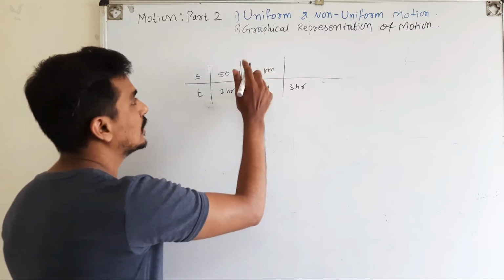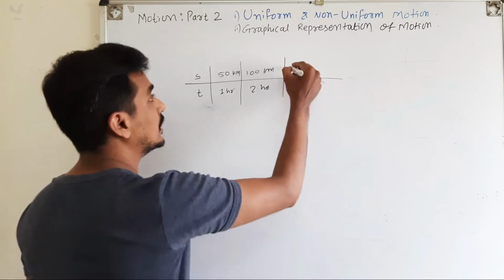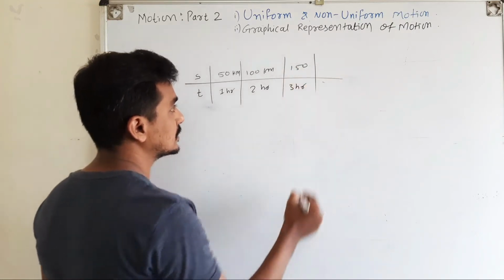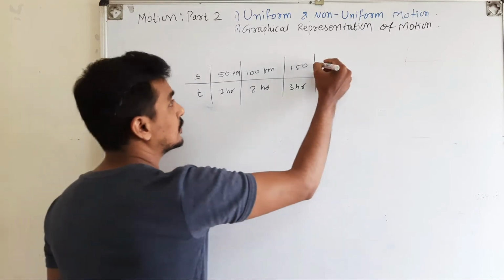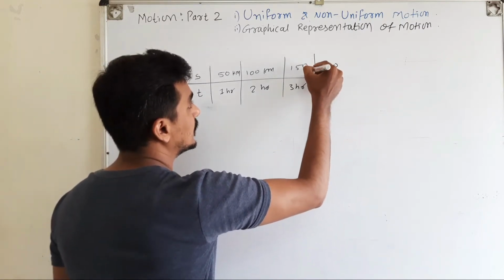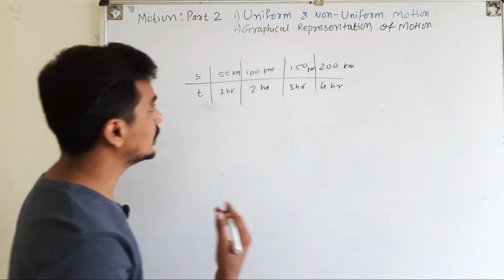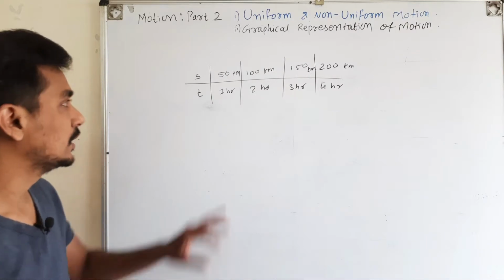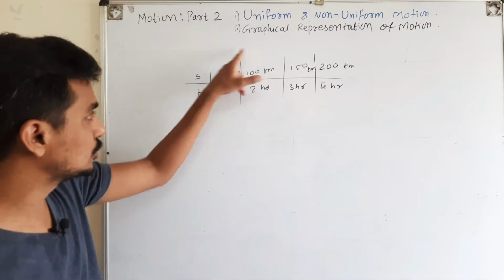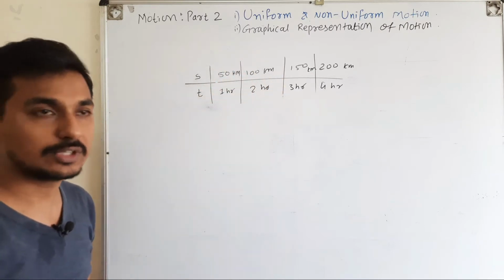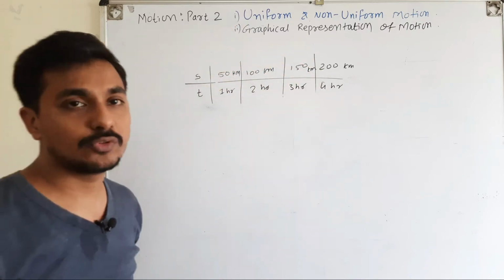the total distance covered is 100 kilometer. Now in the third hour we have covered a total distance of 150 kilometer. Then in another hour, in the fourth hour, we cover 200 kilometer. So what you are observing is that in the first hour we have covered a total distance of 50 kilometer, in 2 hours 100 kilometer, and in the third hour 150 kilometer.